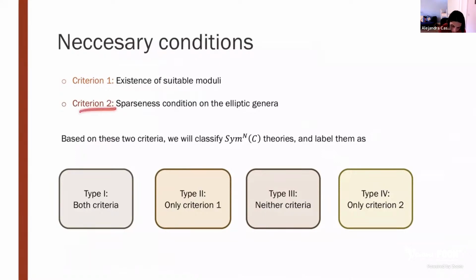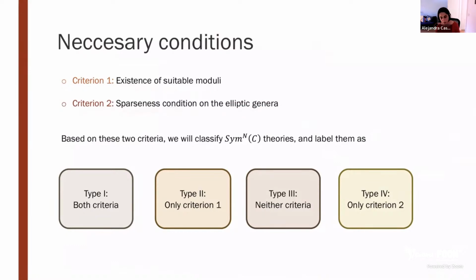The second criterion is a sparseness criterion. As we said, these holographic CFTs will have way fewer states than Hagedorn, than a full string theory. So most of the states will be massive in this context. But the elliptic genus is quite a nice object to impose this condition because, as we'll review, it's blind to it.